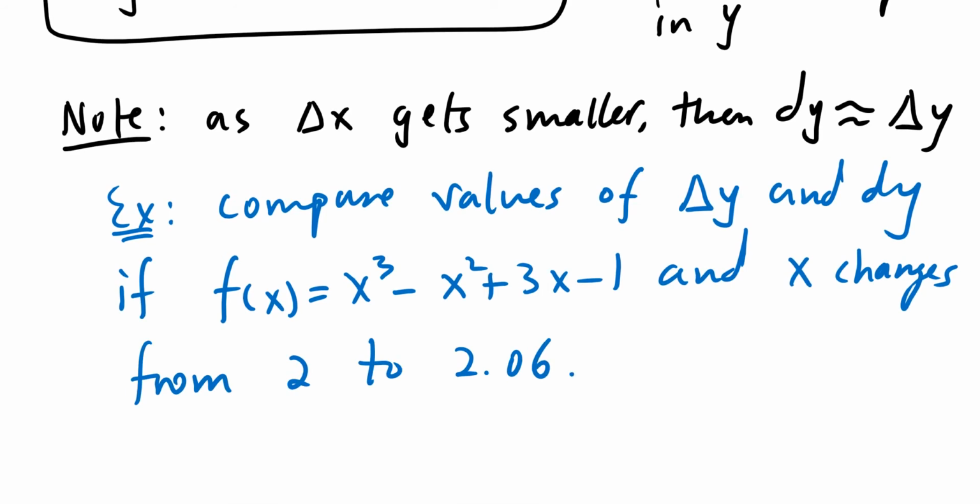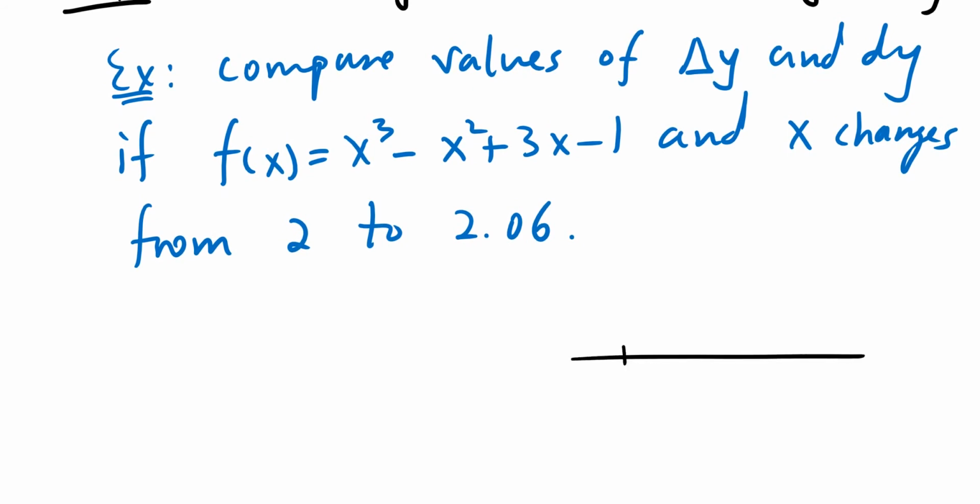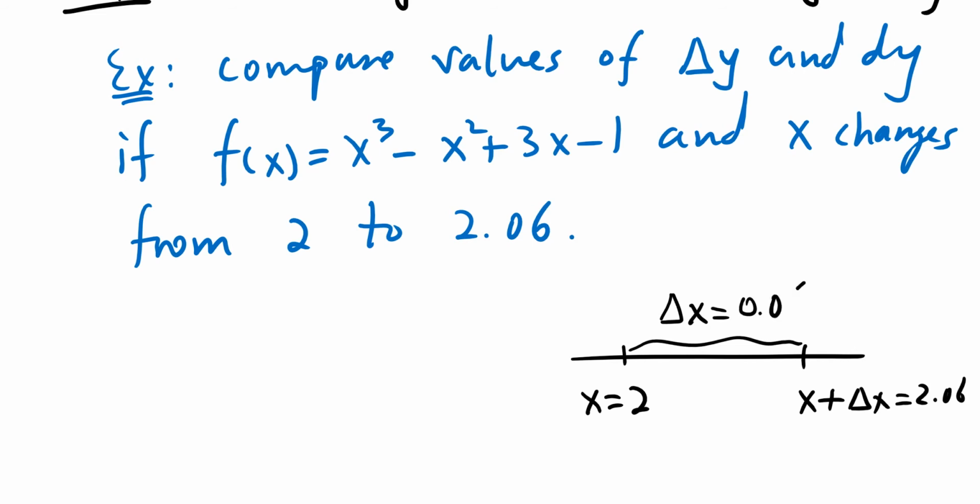So if I put that on the number line, what does it mean that x changes? Say x is here, and this is x plus delta x, which is 2.06. So the distance from here to here, that's delta x, which is 0.06.